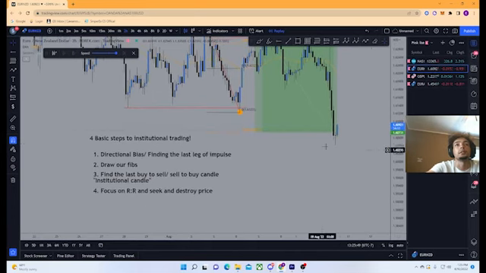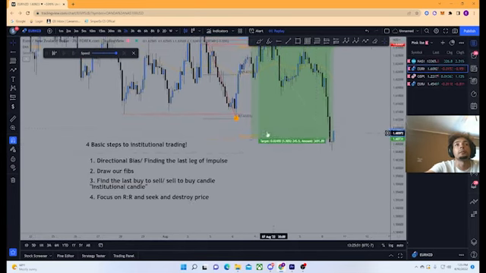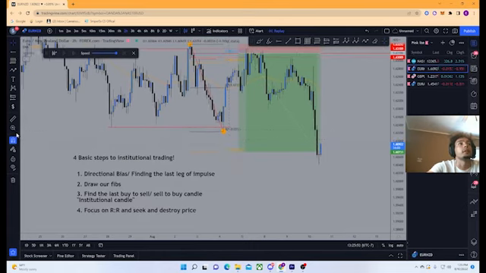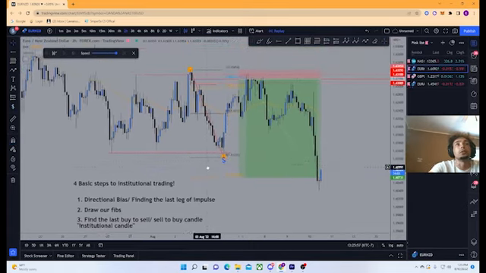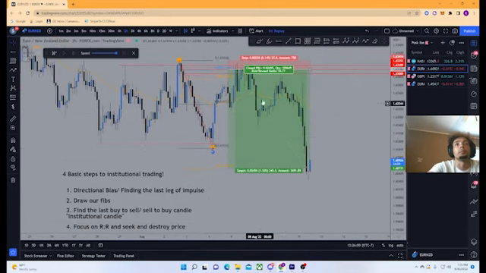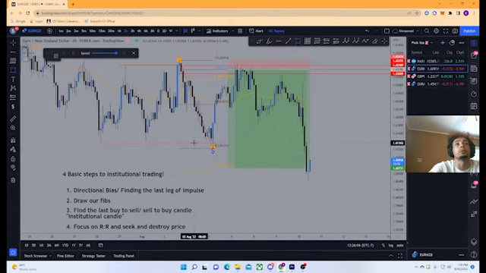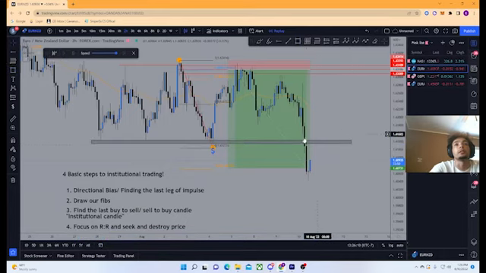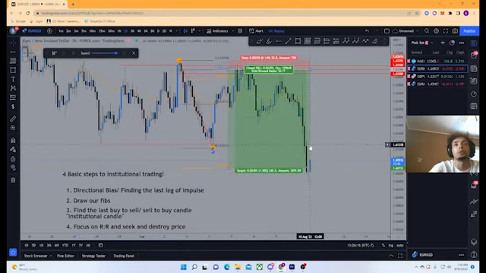Now, what I mean by seek and destroy: we know that liquidity is always below old lows and above old highs, so price is always going to seek and destroy these old lows. So when people think, oh, we're going to buy at this support here, they're absolutely wrong, because banks and institutions are going to seek and destroy liquidity every single time.